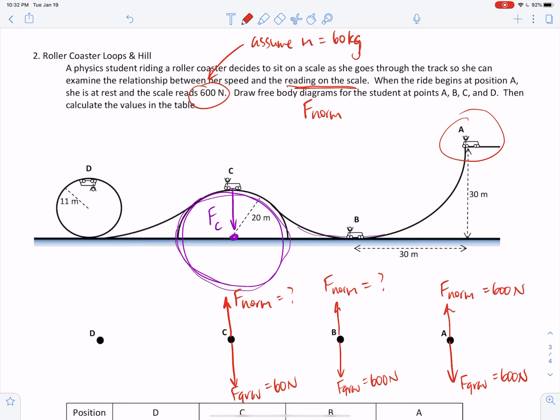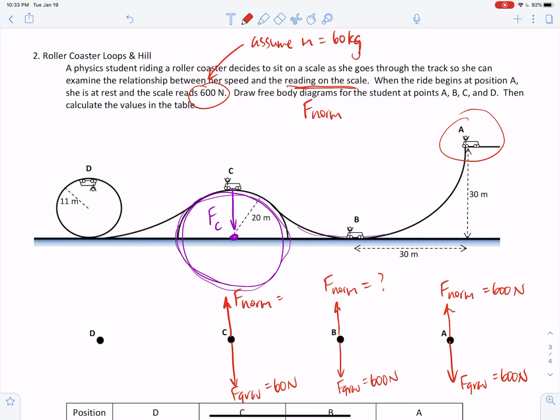We don't know what it is, but we can comfortably say that since the centripetal force is down and the girl is accelerating downwards, gravity will be the greater force in this case. We'll go back and actually calculate the difference between those two forces in a moment.